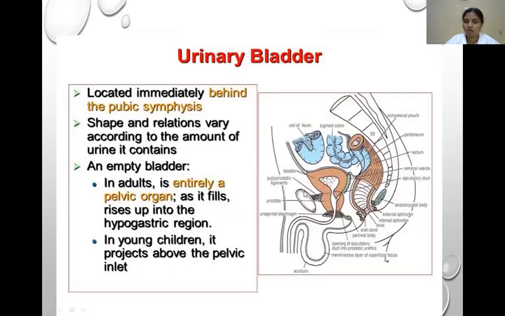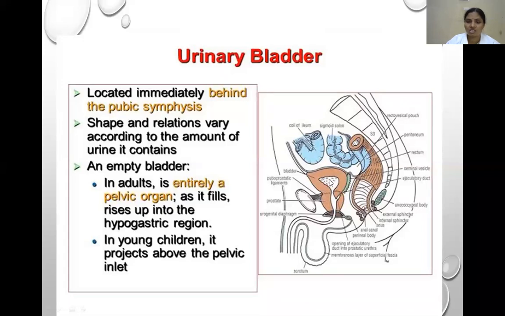After puberty, the neck of the urinary bladder reaches the adult position. What is the adult position? Exactly at the level of the lower border of the pubic symphysis. The shape and relations vary according to the amount of urine it contains.